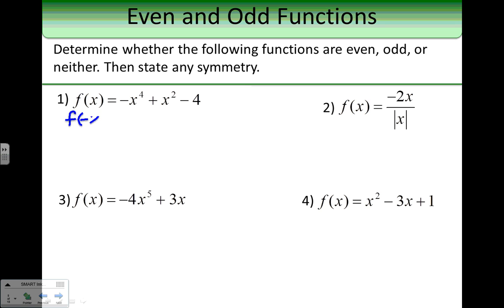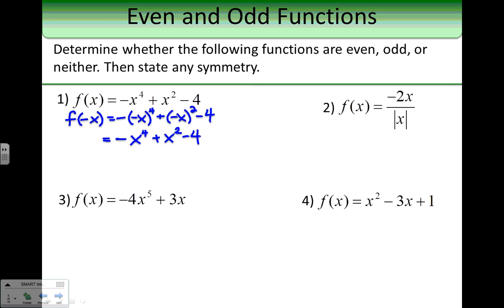I'm going to plug in negative x for all of my x values. Simplify that. Negative x to the 4th, so negative x times negative x times negative x times negative x, is a positive x to the 4th, but I still have that negative out front. Negative x squared is negative x times negative x, so a positive x squared minus 4.